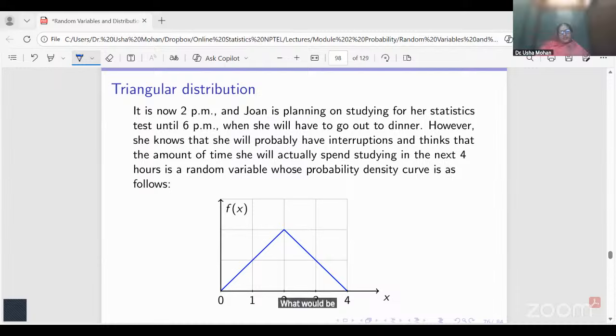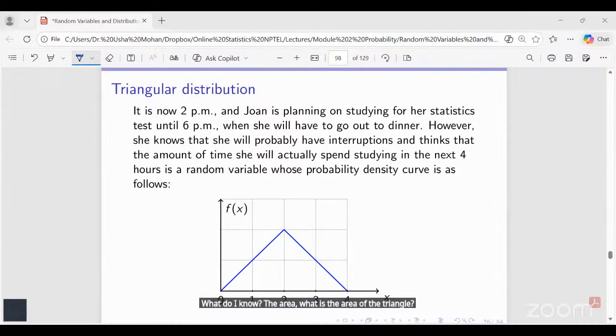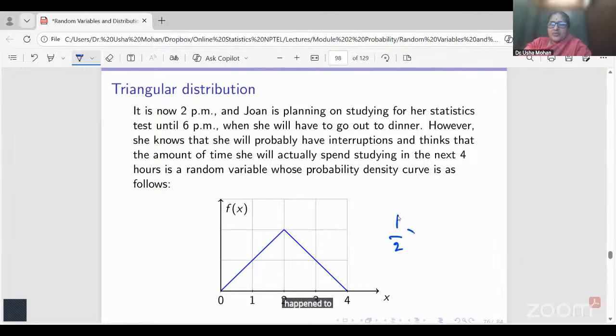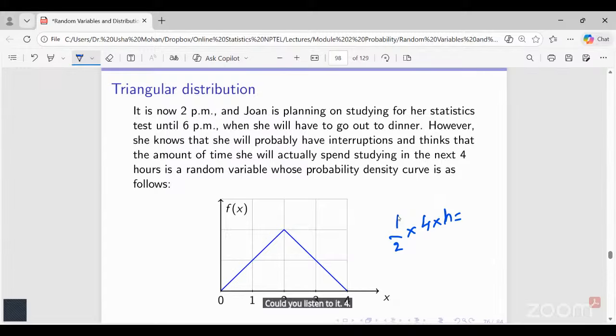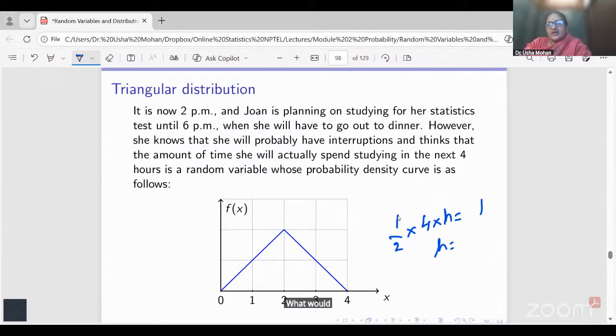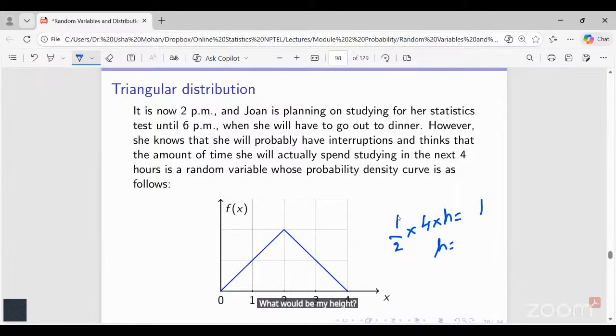What do I know? The area of the triangle is half into base into height. The base is 4, so 1 equals half times 4 times height, which makes the height 1 by 2. Is that clear?